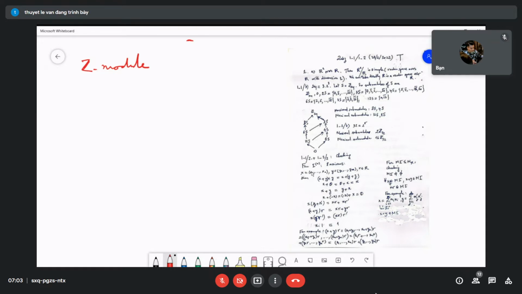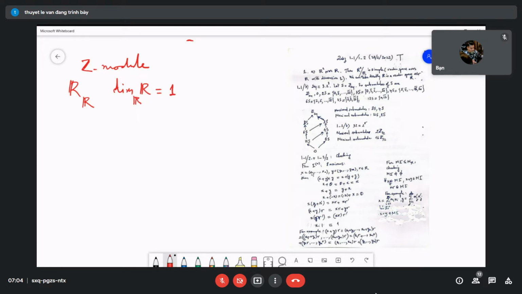So it's very simple if we take a vector space. For example, very simple, R is the R module. And you know that the dimension of this one is equal to 1.